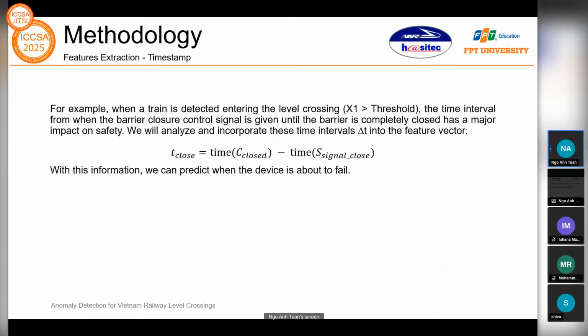And with the timestamp, for example, when the train is detected entering the level crossing, magnetic one greater than threshold, the time interval from when the barrier close control signal is given until the barrier is completely closed has a major impact on safety.